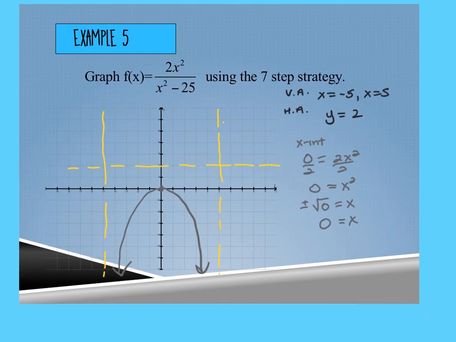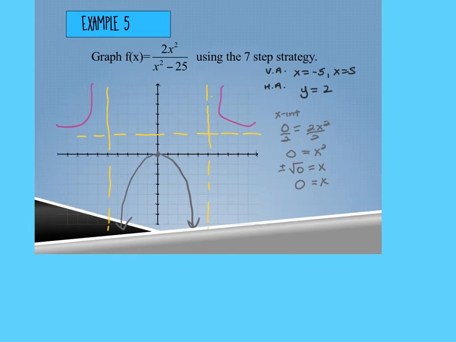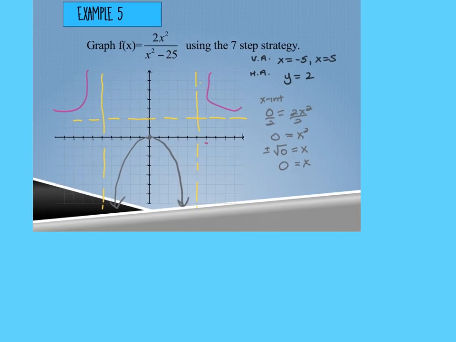Then again, if there's symmetry, which if you had tested this from the beginning, you'd know there would be. The curves are usually here and here. So what I'm gonna do is check it. I'm gonna plug in a number bigger than the right asymptote and less than the left asymptote.